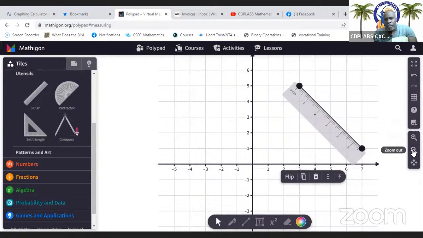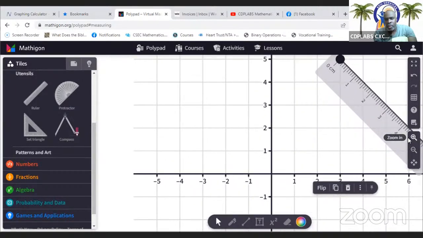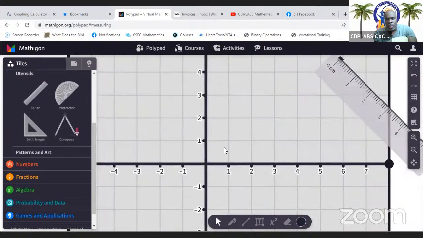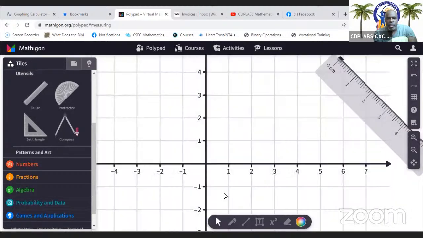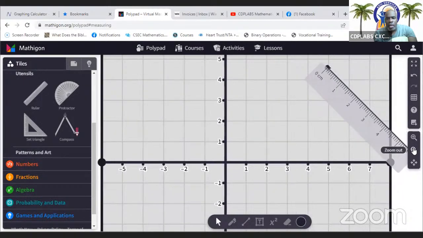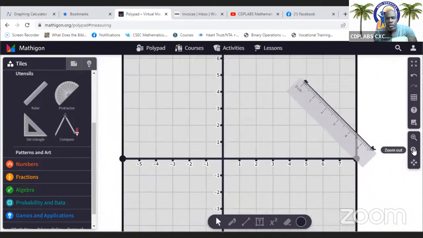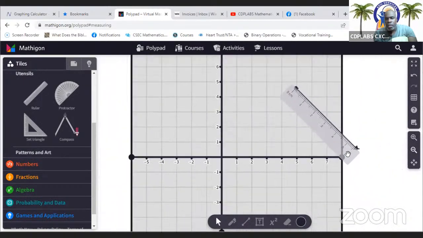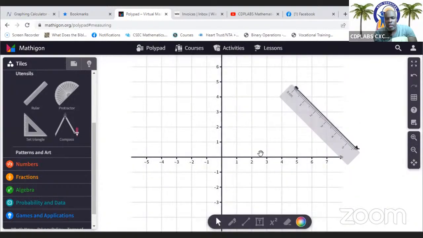So let's see if we can bring this up. Okay, kind of undo that. Don't want to lose what we want to do here. Care about this ruler here.